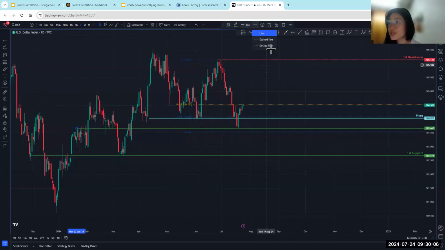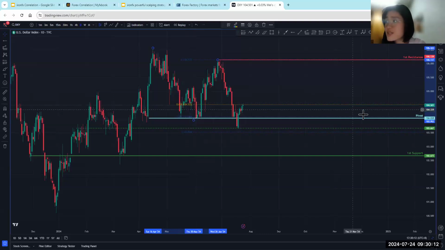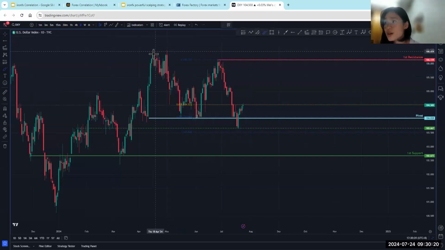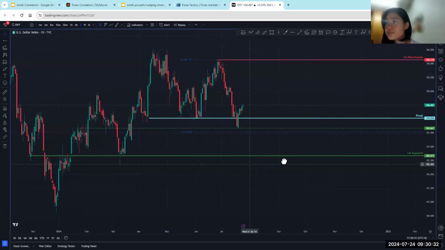So I'm going to label this as an intermediate support level. Even though the 78.6 lines up with our pivot, we can't use it anymore since price has already broken out of it here. The shape that we're looking at for this Fibonacci method is this kind of lightning bolt shape. So it's no longer valid. Just keep the 100%.